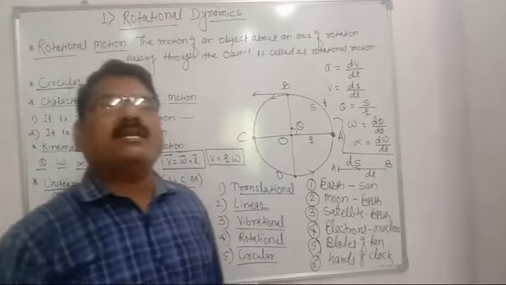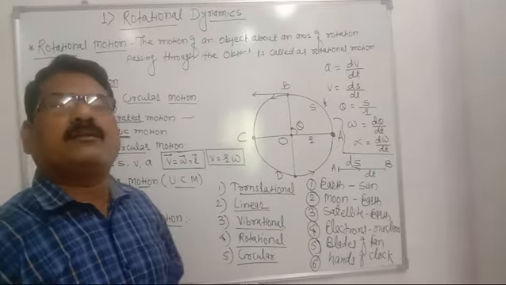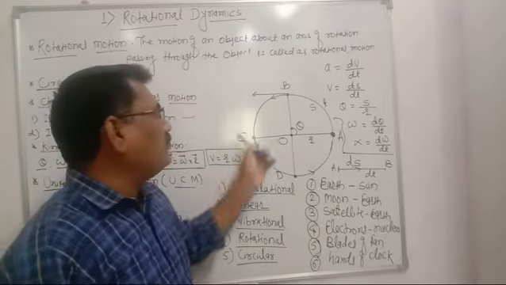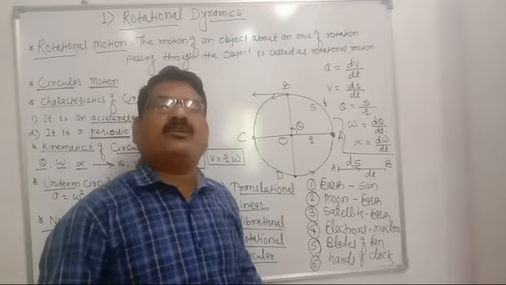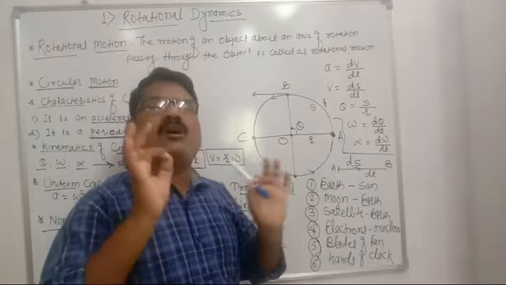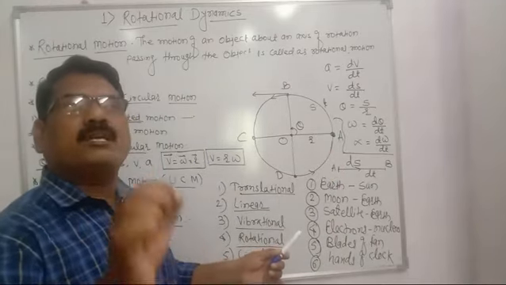But now what are uniform and non-uniform circular motion? The motion of an object along the circumference of a circle with constant speed is called uniform circular motion.